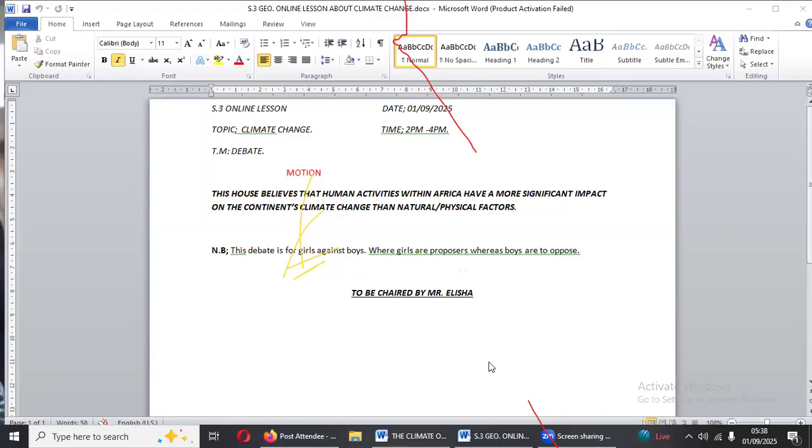So they are trying to regulate the gases emitted into the environment in order to purify it and prevent climate change in Africa. Thank you.